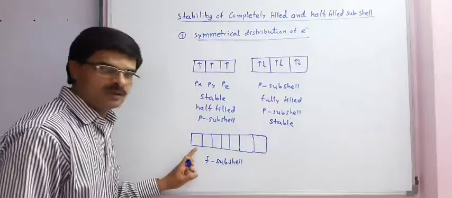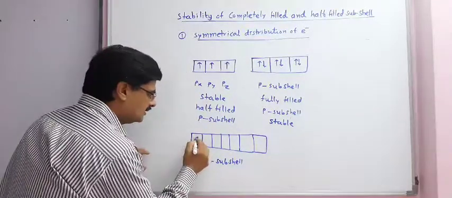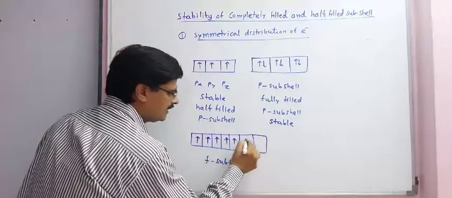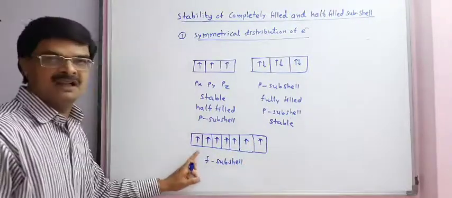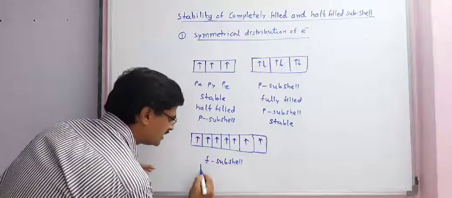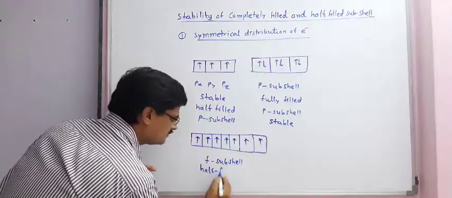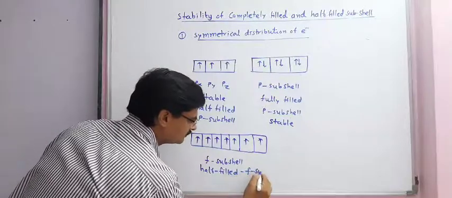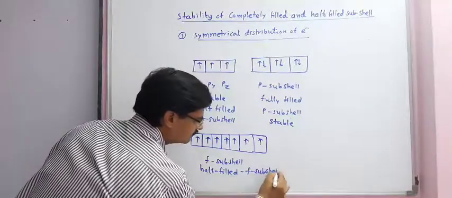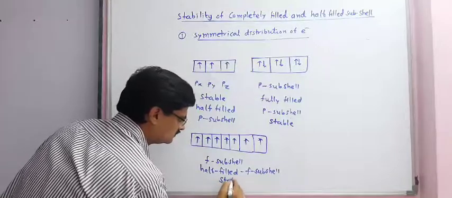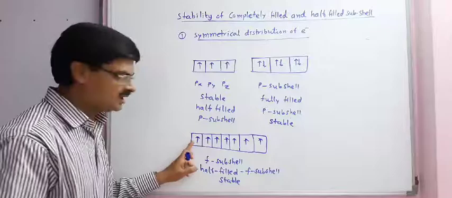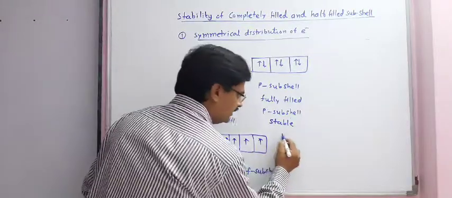If 7 electrons are present with the same spin, meaning it is half filled, then also it is stable, because again, symmetrical distribution leads to stability.